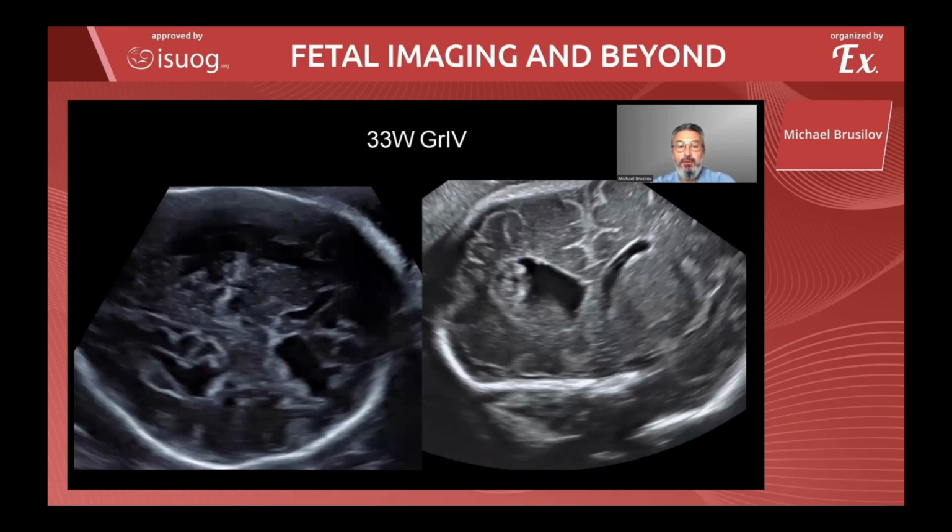Grade 4, 33 weeks of the pregnancy. You can see here clots in the lateral ventricles and destroyed brain parenchyma, on the axial plane and on the coronal plane.